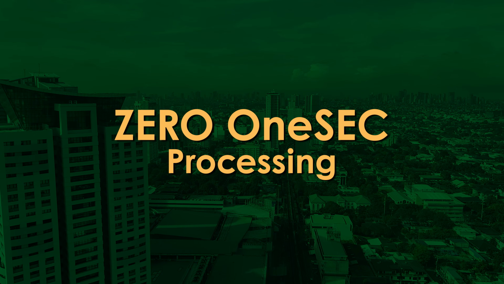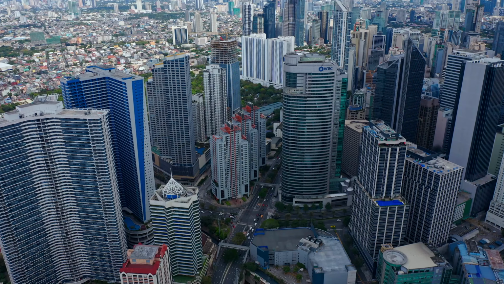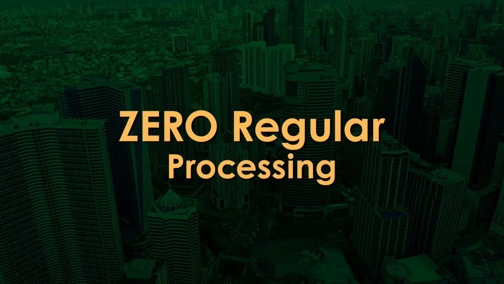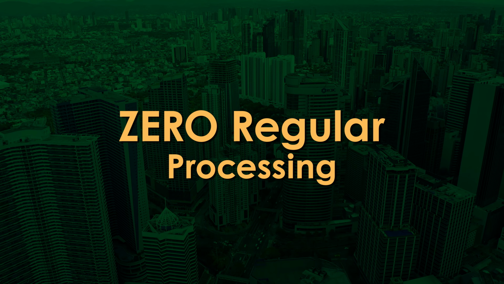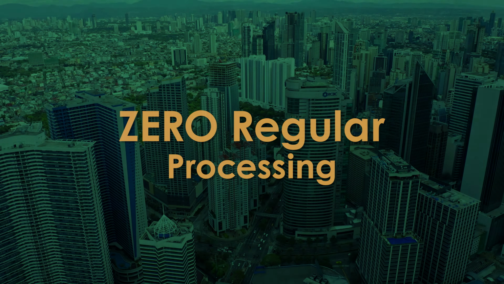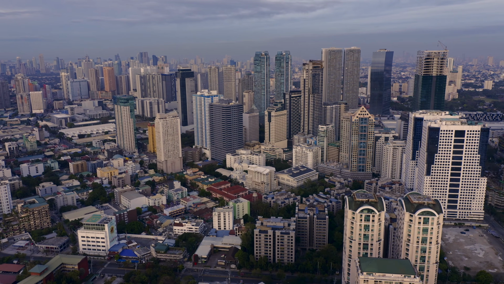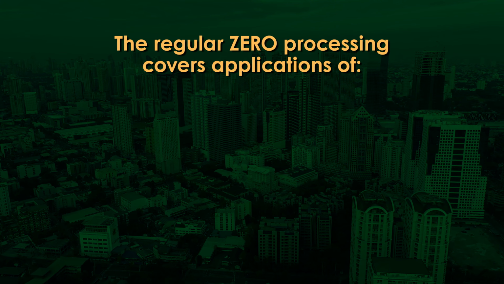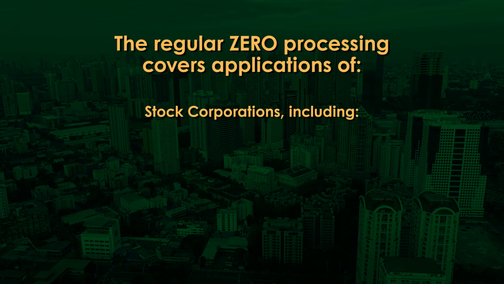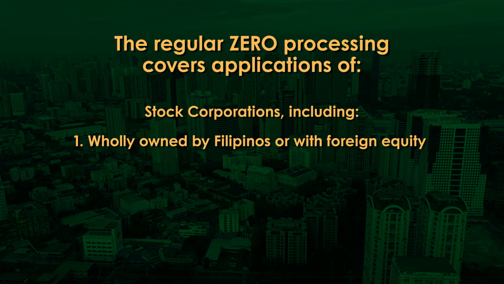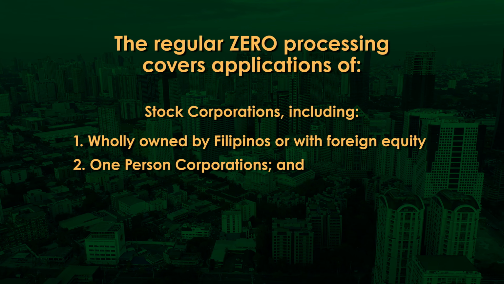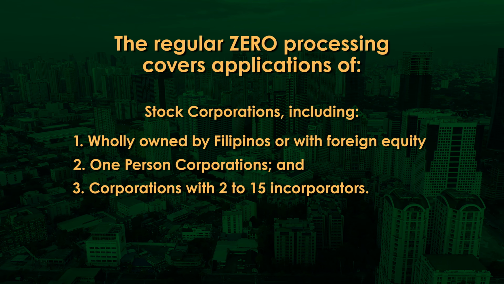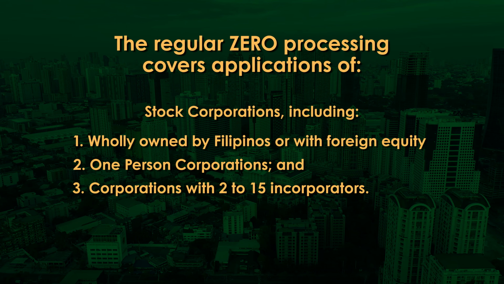and e-registration of companies or 1SEC, or via regular processing through the Electronic Simplified Processing of Application for Registration of Company or eSpark. The regular zero processing covers applications of stock corporations, including those wholly owned by Filipinos or with foreign equity, one-person corporations, and corporations with 2 to 15 incorporators.